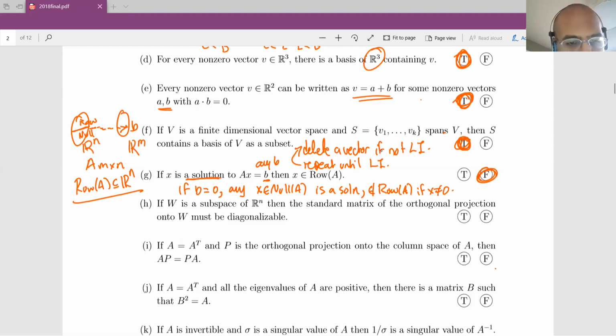Okay, so the next question: if W is a subspace of Rn, then the standard matrix of the orthogonal projection onto W must be diagonalizable. Any thoughts on how to approach that?